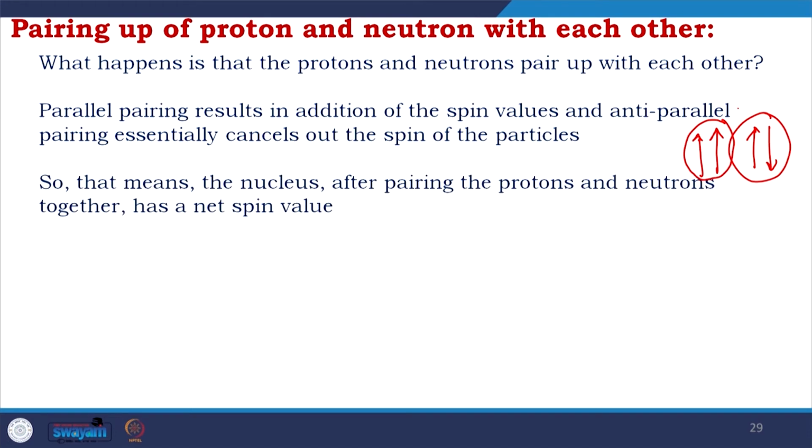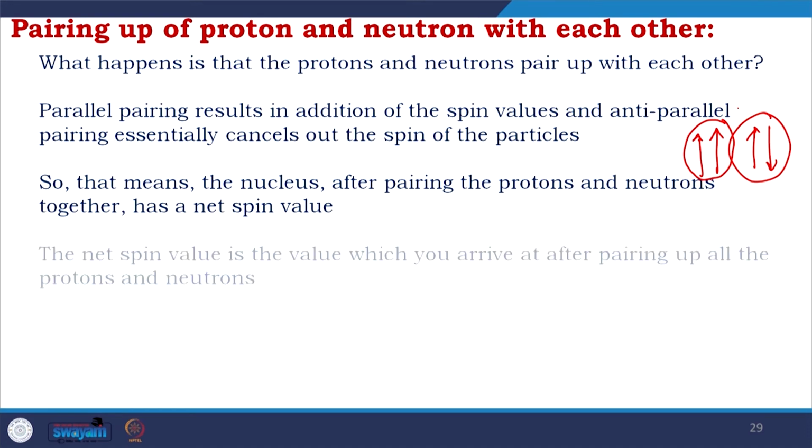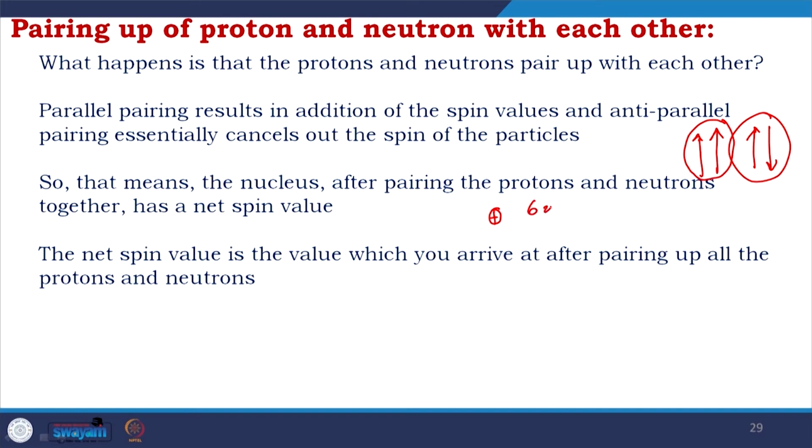That means the nucleus, after pairing the protons and neutrons together, has a net spin value, the value which you arrive at after pairing up all the protons and neutrons. So, take the nucleus, let us say carbon, with 6 neutrons and 6 protons. If you pair up, they would cancel each other, giving 0.